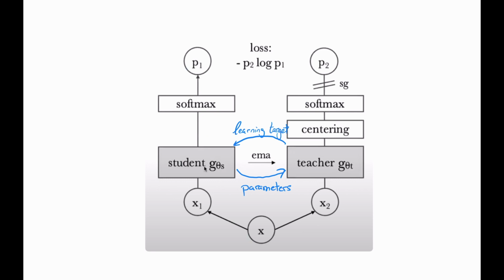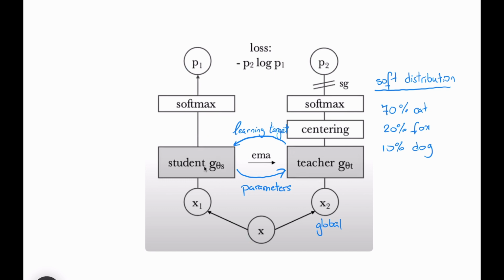What happens in each training step? The teacher sees one augmented view, the global one. It sees a bigger image, and it outputs not a binary classification but a soft distribution. Instead of a one-hot label, like this is a cat or this is a dog, which is very limited in richness, it outputs something much richer, for example 70% cat, 20% fox, 10% dog.